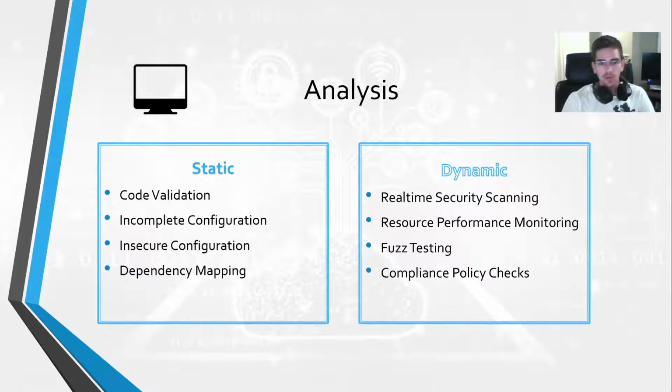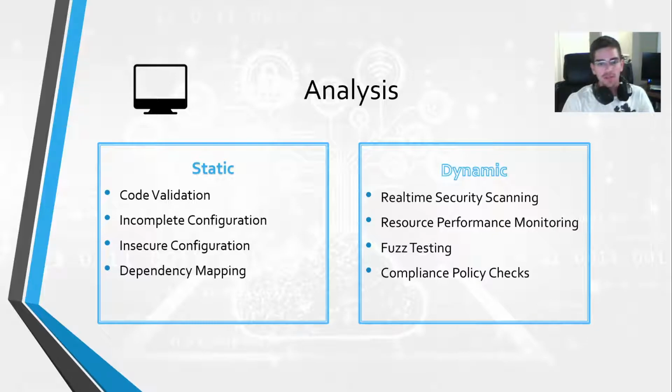And then there's your dynamic analysis that says, oh, as soon as I create this stuff, run some real-time security scans, ping a bunch of ports, tell me if stuff is getting through where it shouldn't. There's also resource performance monitoring, like, are my systems overloading? Are they shutting down because they can't handle load?